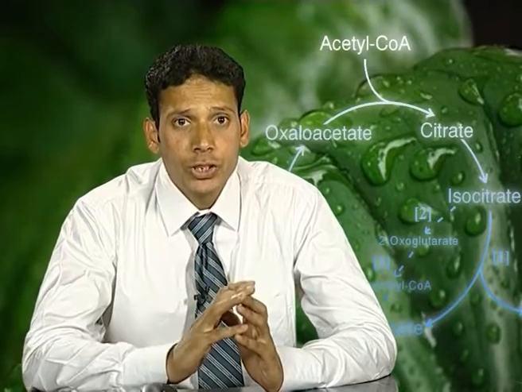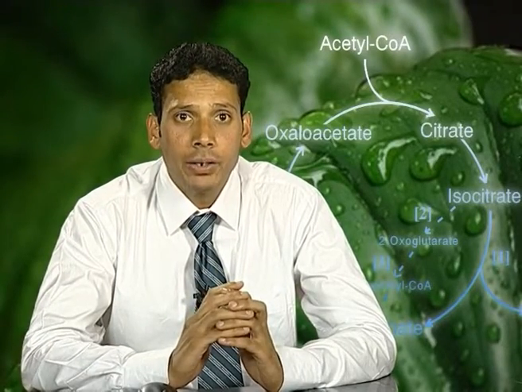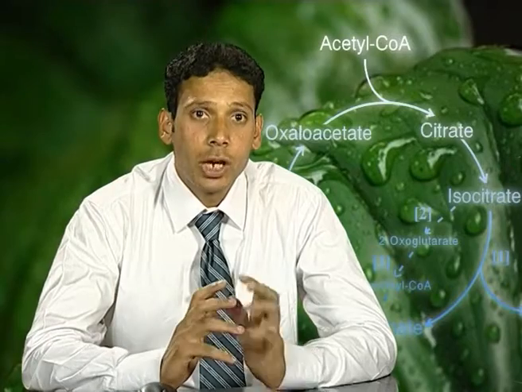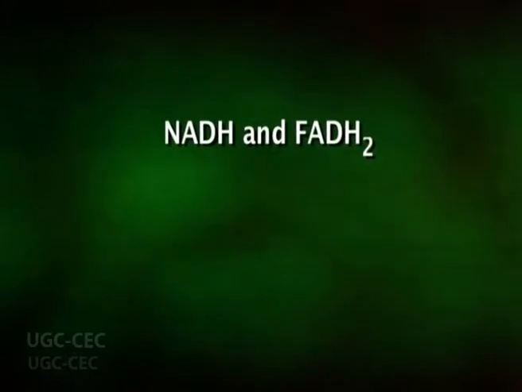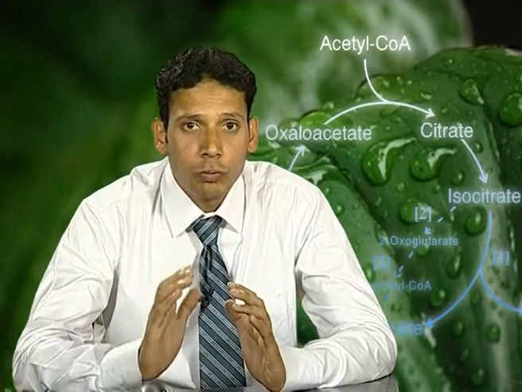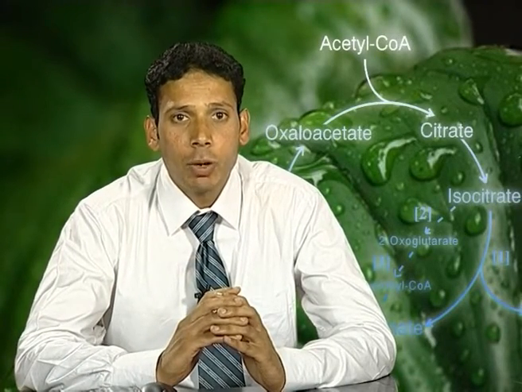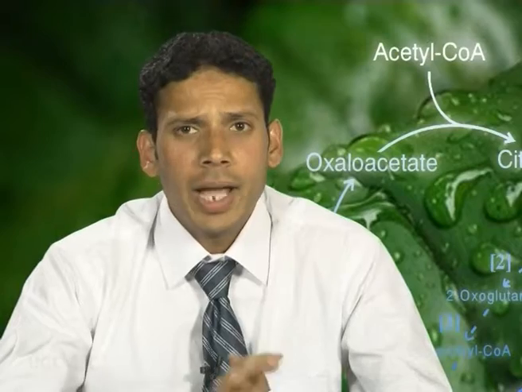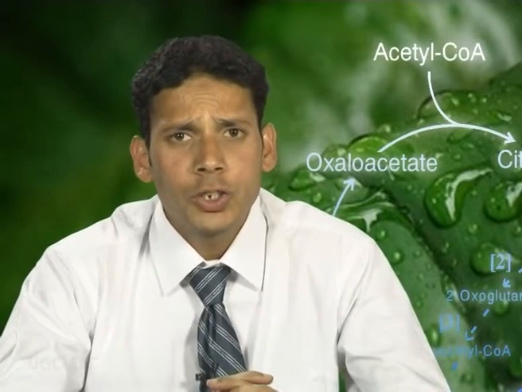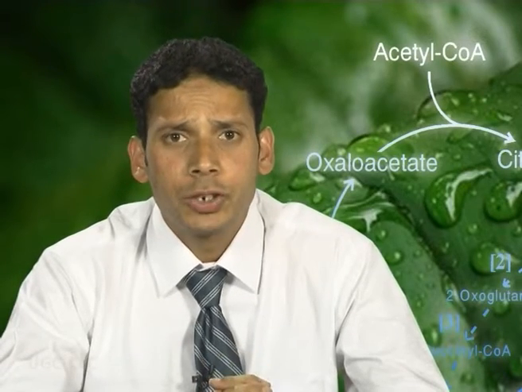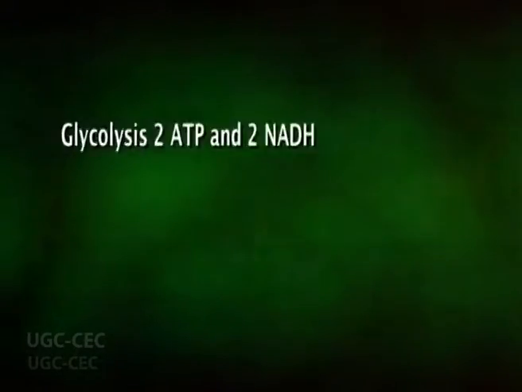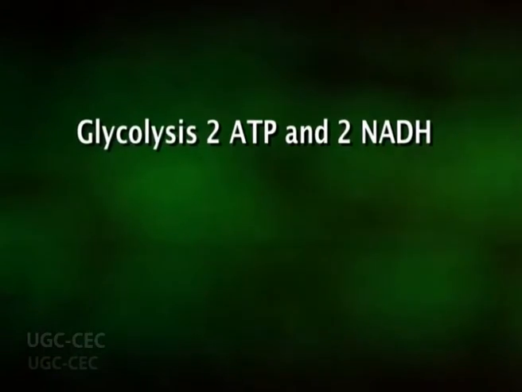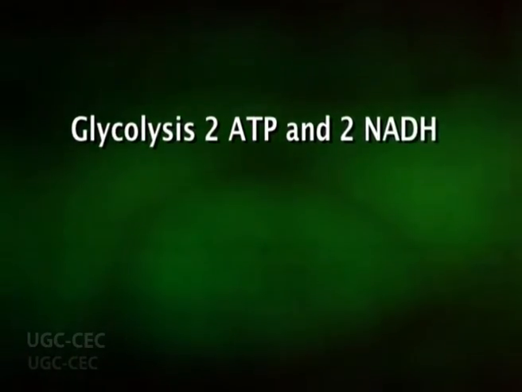The 4 oxidation steps in the cycle provide a large flow of electrons into the respiratory chain via NADH and FADH2 and thus lead to the formation of a large number of ATP molecules during oxidative phosphorylation. The energy yield from the production of 2 molecules of pyruvate from 1 molecule of glucose in glycolysis is 2 ATP and 2 NADH.